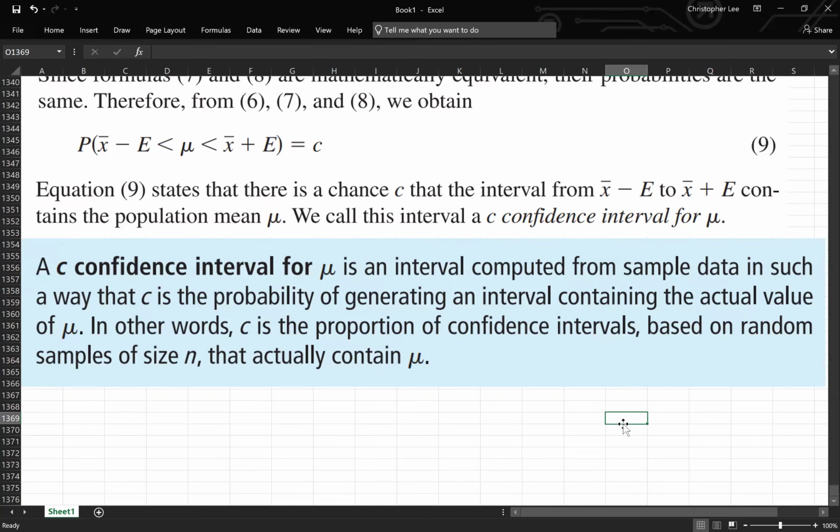A C confidence interval for mu is an interval computed from sample data in such a way that C is the probability of generating an interval containing the actual value of mu. In other words, C is the proportion of confidence intervals based on random samples of size n that actually contain the mean mu, right?